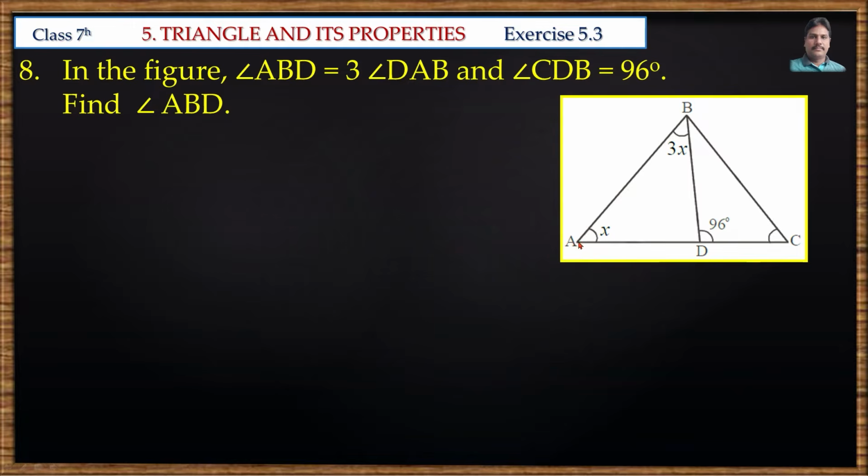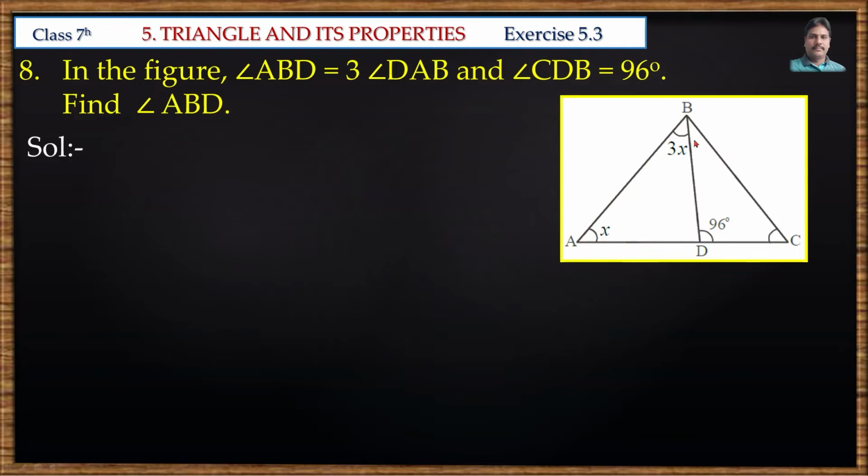Here angle A is equal to x and angle ABD is 3 times this x, that means 3x, and this angle BDC or angle CDB is given as 96 degrees. We have to find this angle ABD, that means we have to find the value of 3x.